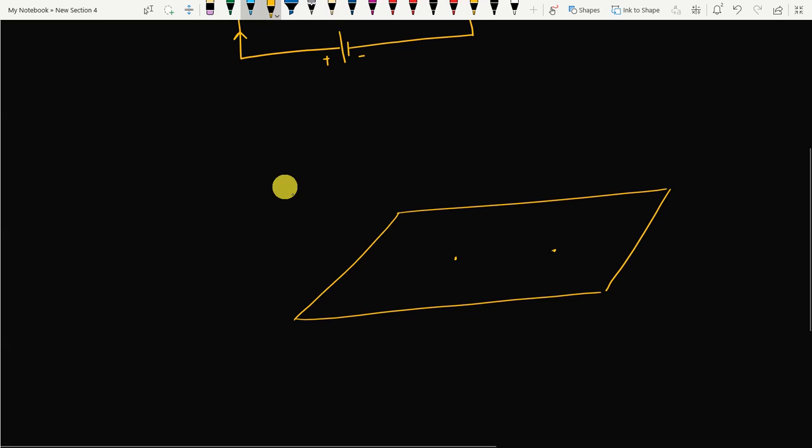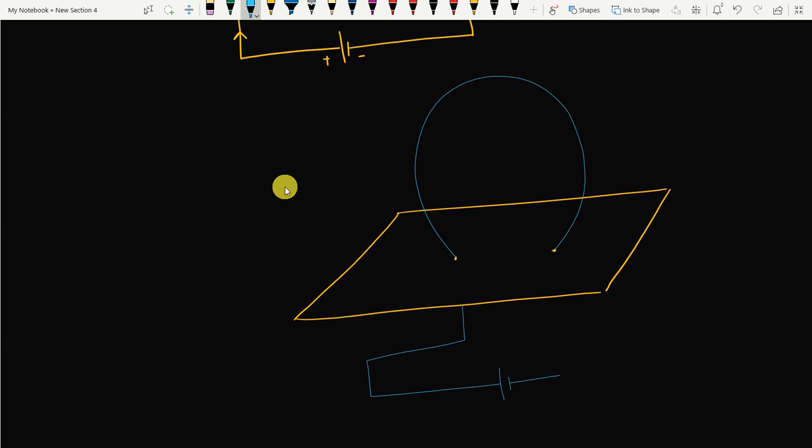Let me make the wire with a different color. Let us say this is the wire passing through this, and these are the two ends of the wire connected to the positive and the negative terminals of the battery or a cell.